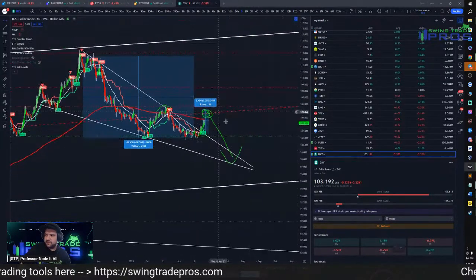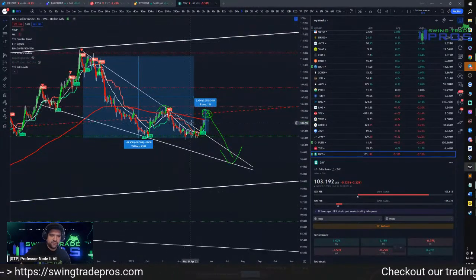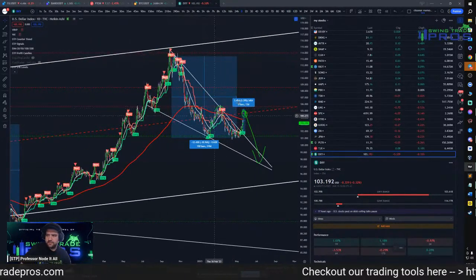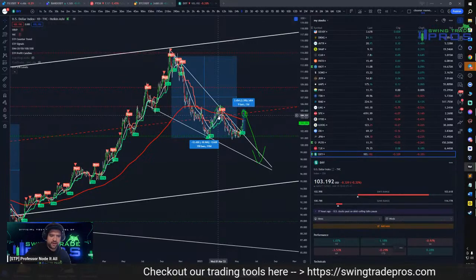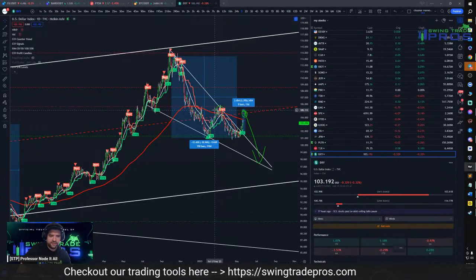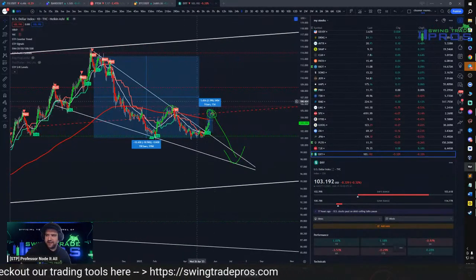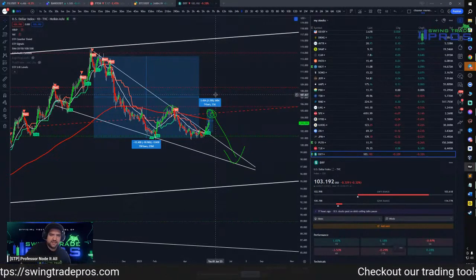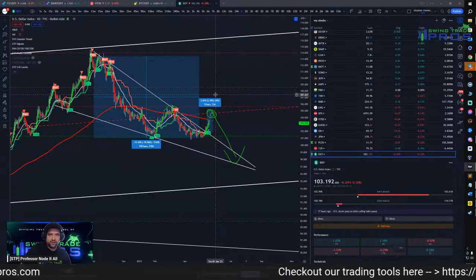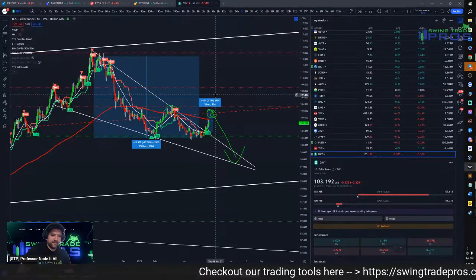But we don't expect a real run at Bitcoin until next year anyway. So Bitcoin can go test 30, 40K again or something, and then come back down and retest the bottom of its ranges and consolidate for a bit. I think the last half of this summer is going to be an altcoin run, and it's not going to be a Bitcoin run.